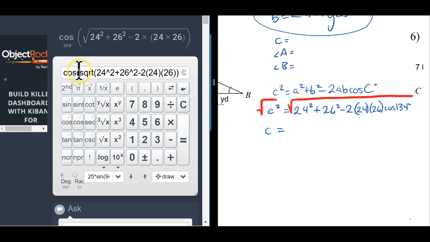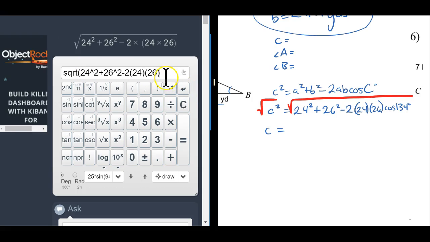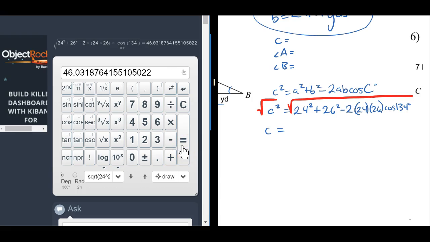It doesn't like that. So I have to put a times here to make sure it recognizes that I want the cosine on the inside of the square root. And there we go. Then double check how it laid it out, make sure it's exactly how you want it. I've got 24 squared plus 26 squared minus 2 times 24 times 26 times cosine of 134. Looks good.